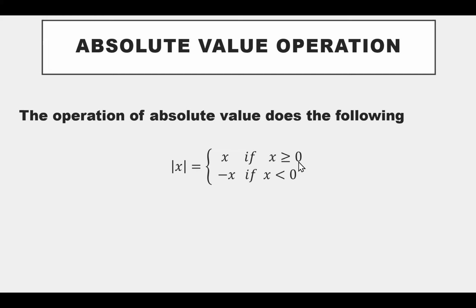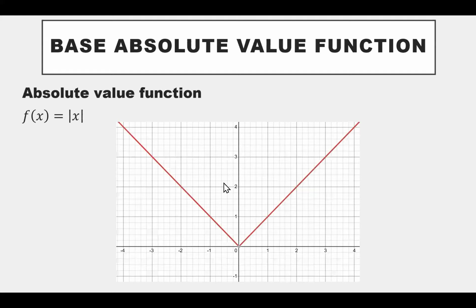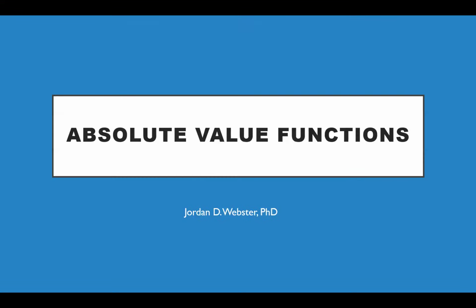If x is in this range, you do this. If x is in this other range, you do this. So that is it for what we're going to cover in this section on absolute value functions. Again, things can get much more complex. We may see some of that complexity later, but that will be for a future video.